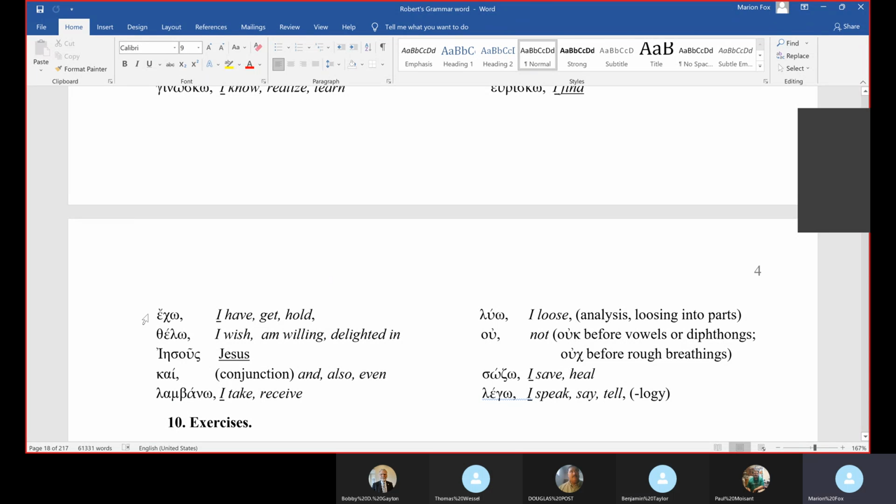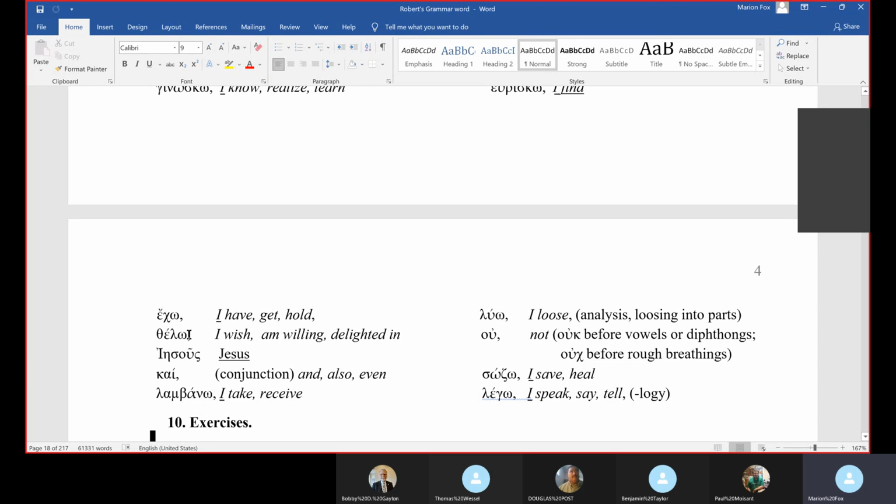Echō is a verb, I have or get or hold. My memory hook is that I think I get an echo back in an echo chamber, I have it back. It's my way of remembering it. Here we just change that ending to make all the different inflections.